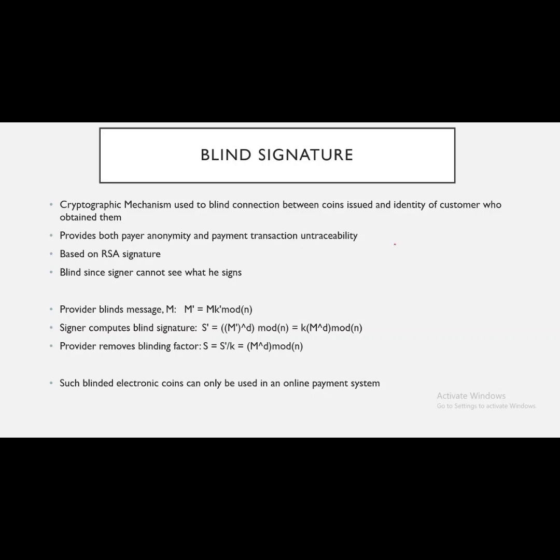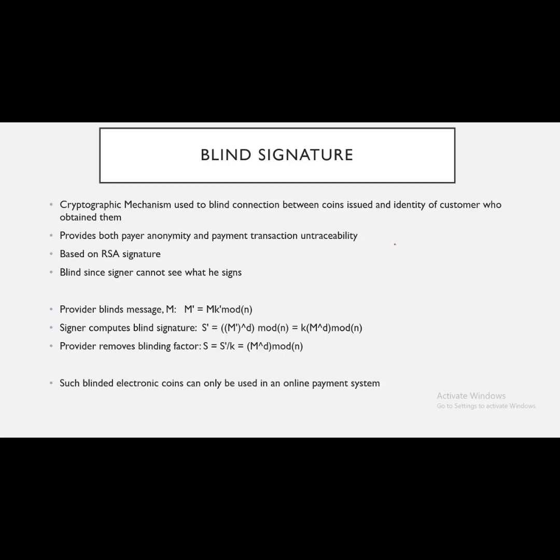So the signer just signs whatever he receives, and the blind signature is computed by the signer, and he signs the message. So the new signed message would be S' equal to M' raised to D mod N. So it has both the blinding factor and the authority's signature.